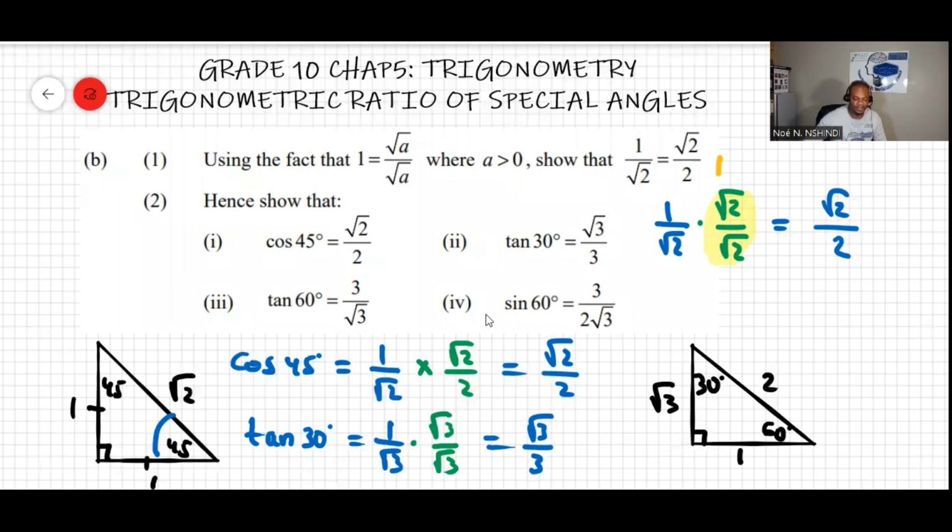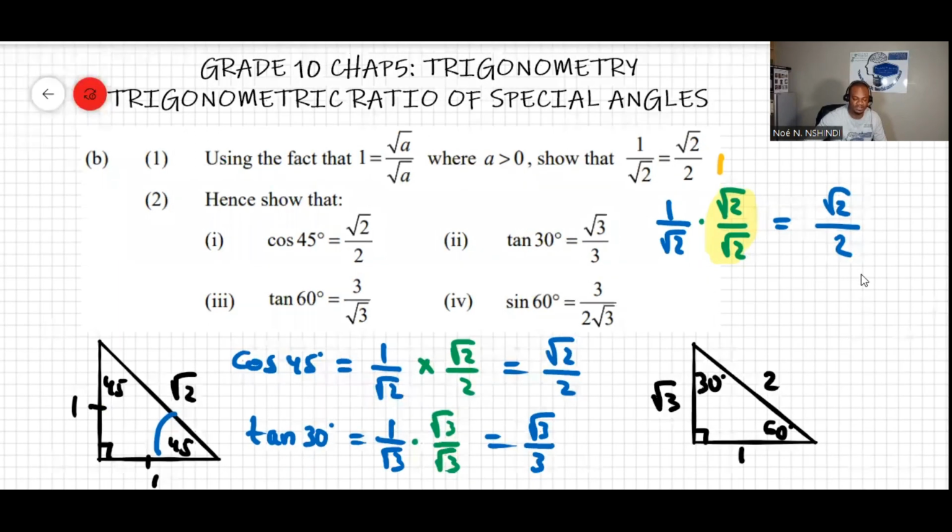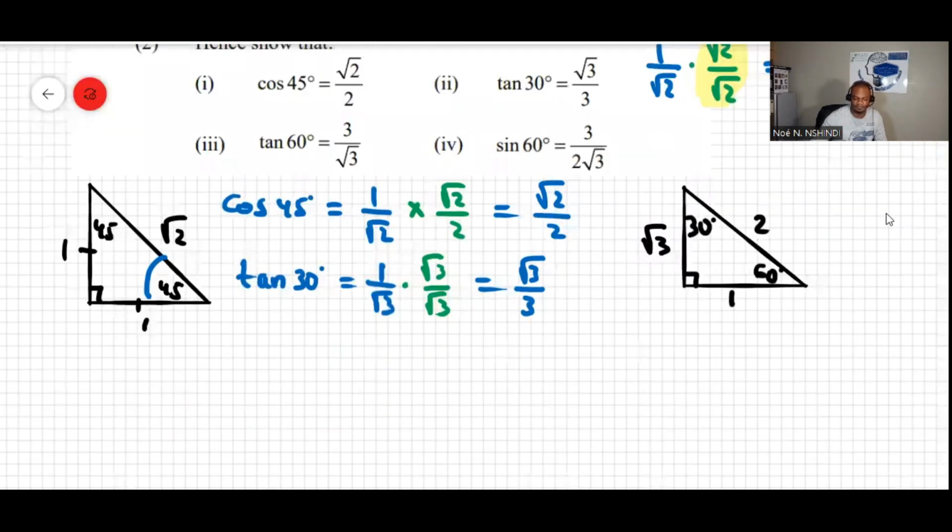Okay, now tan of 60 degrees. 60 degrees is there. As you see, tan is opposite over adjacent. Opposite is root 3, adjacent is 1 towards 60 degrees. So this will be root 3 over 1.